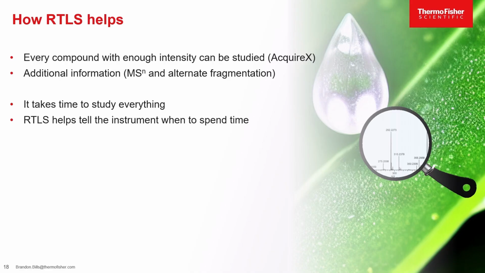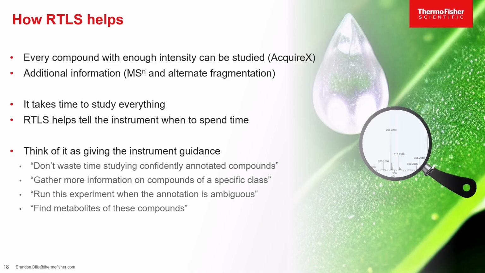Think of it as giving it a statement that gives the instrument guidance on how you would like it to make these decisions. Like, don't waste time studying when we already have a competent annotation in the library. Or gather more information on compounds when they're in the specific compound class. Or I want you to run this experiment when the annotation is ambiguous between multiple choices in the library.